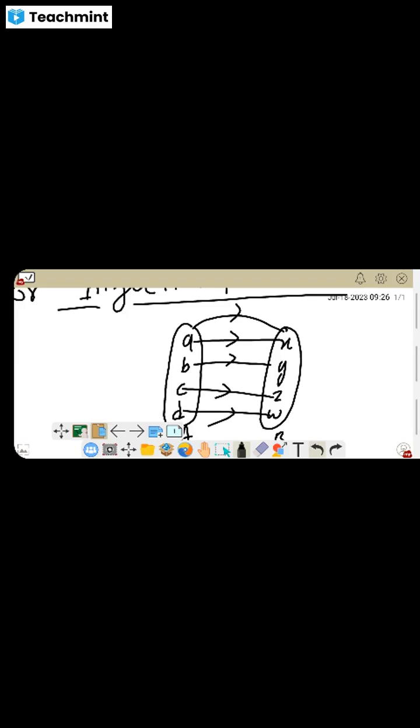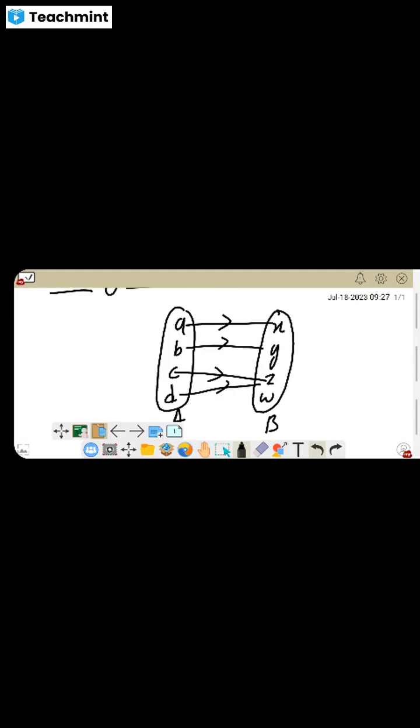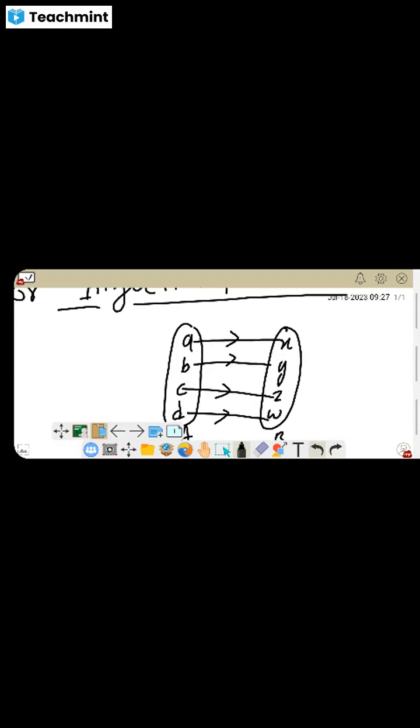If you have like this, two elements of A associated with a single element of B, then we say this is not one-one. So in which condition is a single element of A associated with a single element of B?